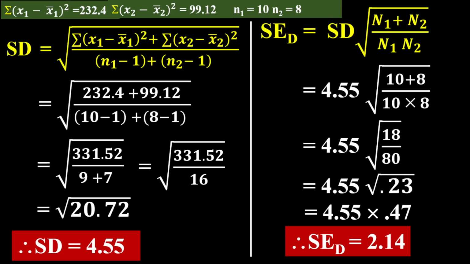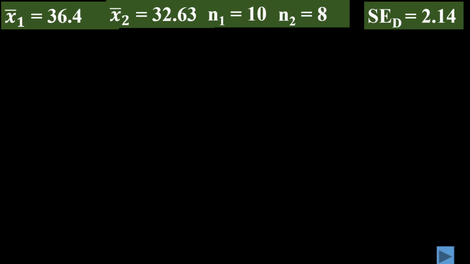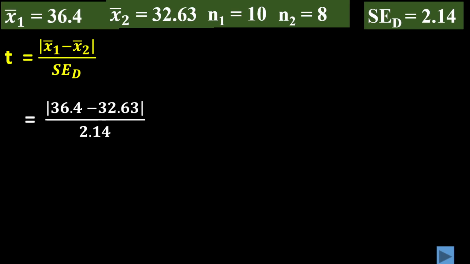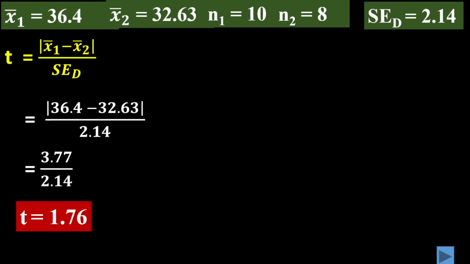So on the basis of these three numbers, we will find the t value, and the formula for t value is common for all situations, that is t equals modulus of x bar 1 minus x bar 2 upon SED. We put the values in the formula, and by solving it we get t value 1.76. That is t calculated, the observed t. We have found it and it is 1.76.